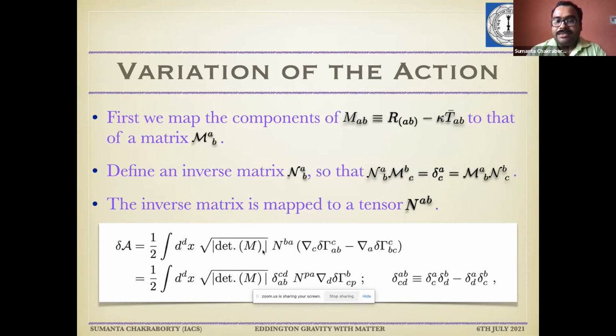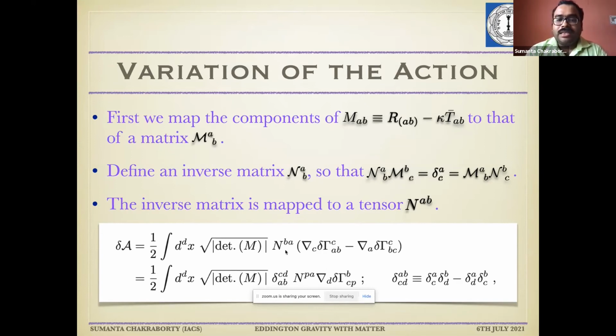The variation has a determinant part. It has the inverse part, which is this tensor N_BA, and then it has variation of M_AB, which is defined over here. Now, variation of M_AB, there is no contribution from T bar AB, because for most of the normal matter fields, it is independent of the connection. So we just have variation of R_AB due to the variation of the connection, and that can be expressed as covariant derivative acting on variation of delta gamma.